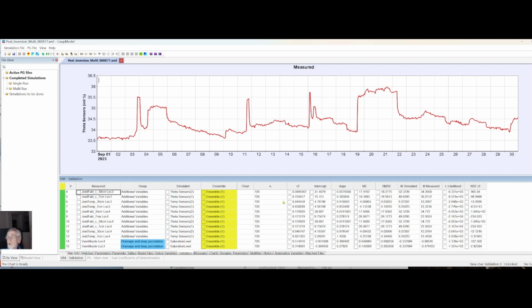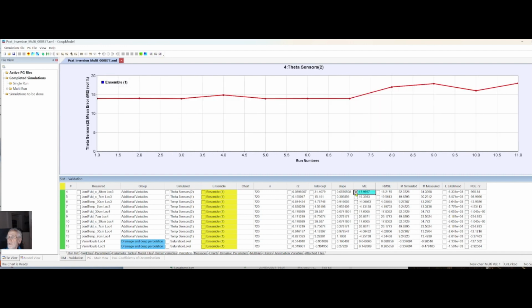But before we look at more, I would like to say that this is not a good result. If I look at this now, for instance, the mean error of the soil moisture, it is for all of the runs 15% more than what we have simulated.